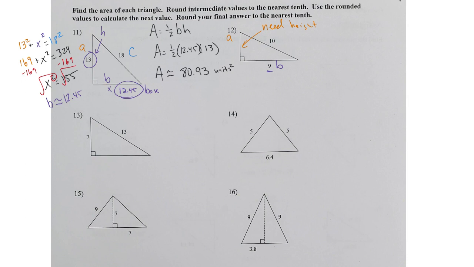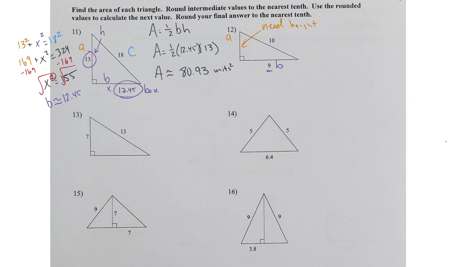You don't have to do that. It doesn't really matter. So I'm going to start with, we don't know that, so we'll call it x squared plus 9 squared equals 10 squared. So now I have x squared plus 81 equals 100.